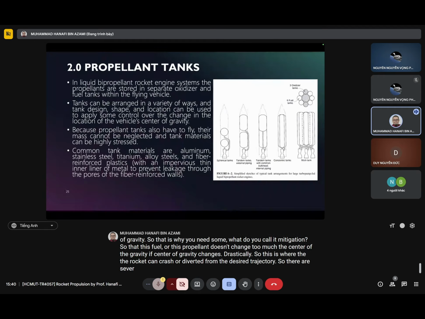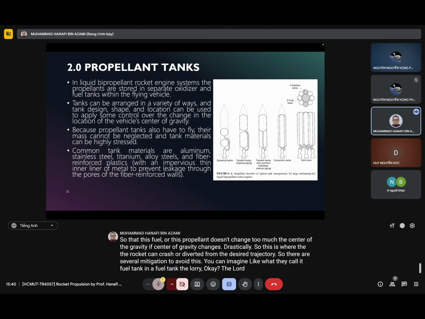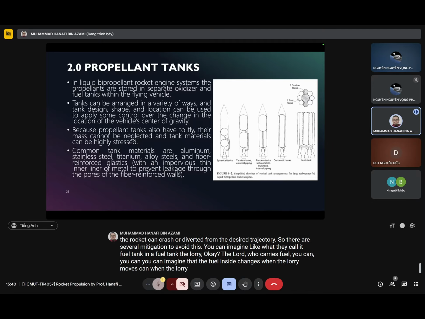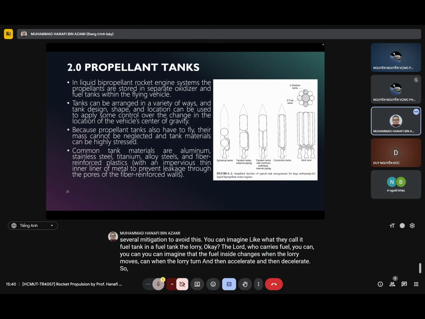There are several mitigation methods to avoid this. You can imagine a fuel tank on a lorry, the lorry that carries fuel. The fuel inside shifts when the lorry turns, accelerates, and decelerates.